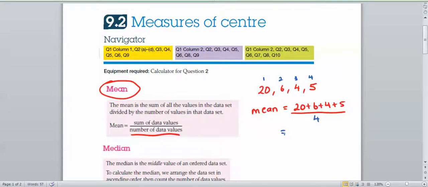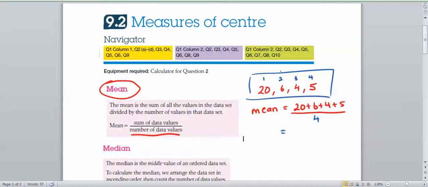Now, it doesn't always have to be a nice round number. The mean is just the average. But obviously in this case, let's say this was the score in a basketball match for a quarter, then you can quite clearly see that you can't score half a point, but you can find the average.